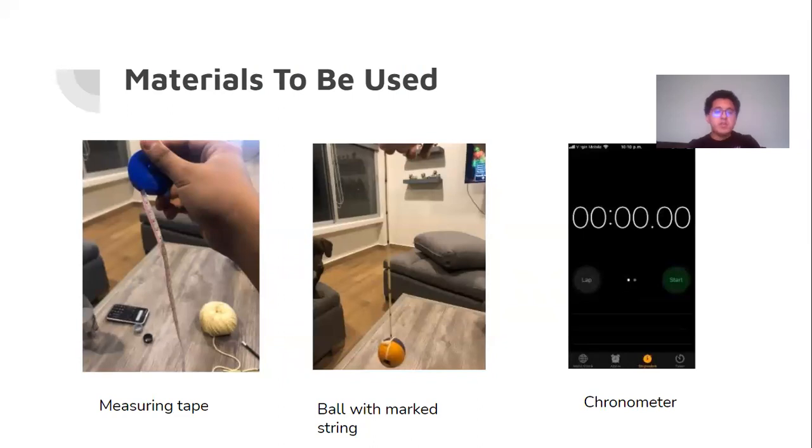And so the materials to be used will be, as discussed, the measuring tape in order to mark the spots of the string, the ball with the marked string, and a chronometer.